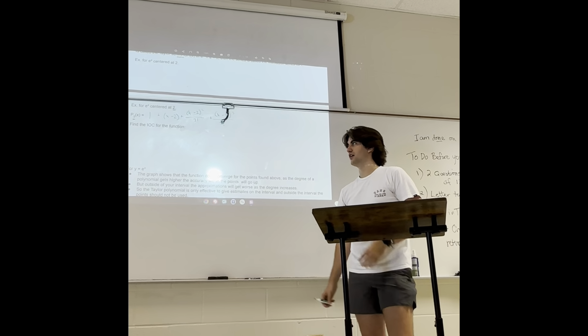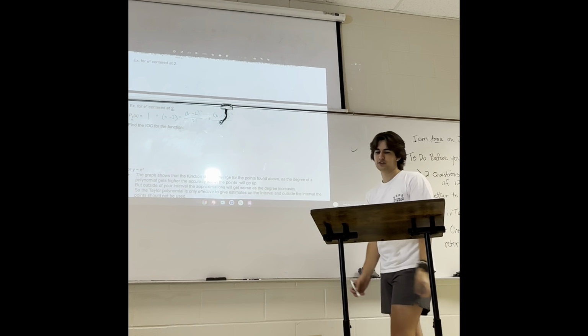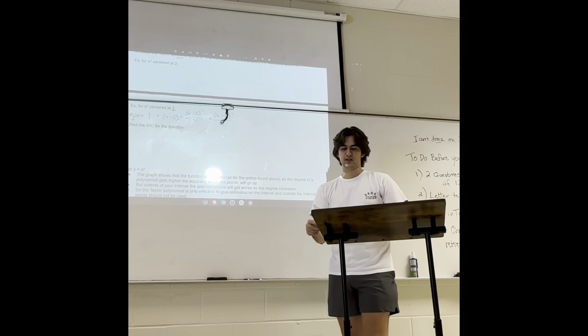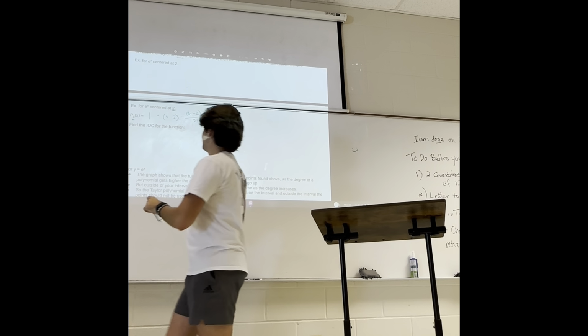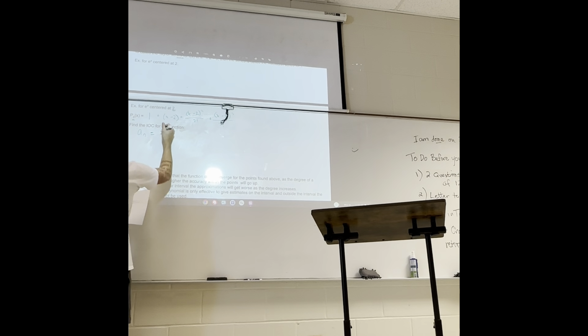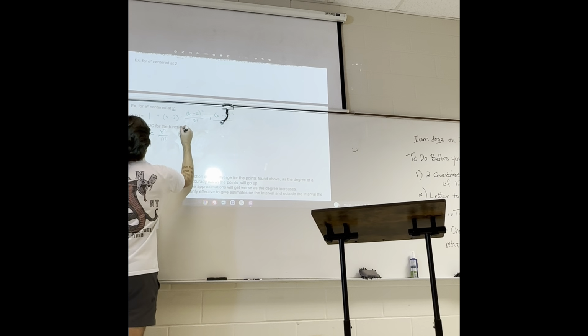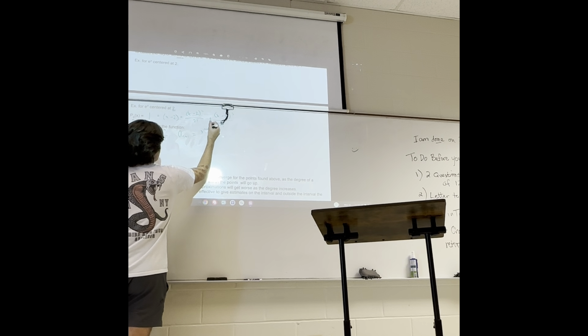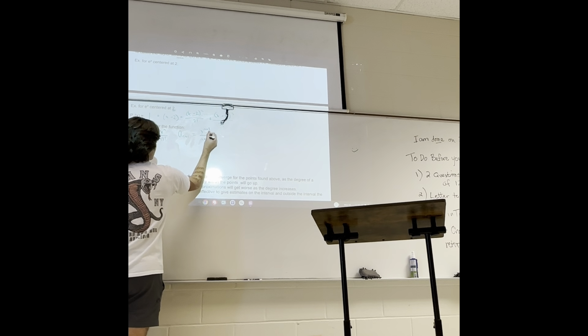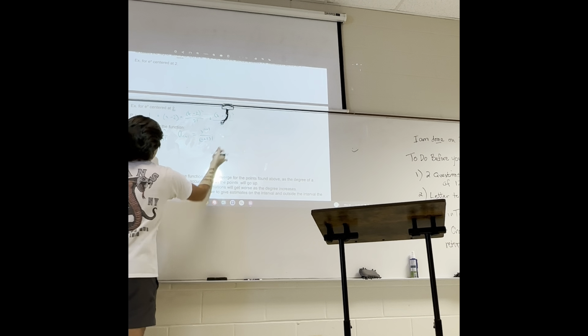Okay, so to find the interval of convergence for the function, you're going to have to use your ratio test. a sub n is going to equal x to the n over n factorial, which is your general term, and then your a sub n plus 1 is going to equal x to the n plus 1 over n plus 1 factorial.